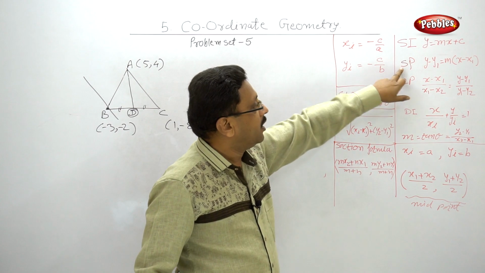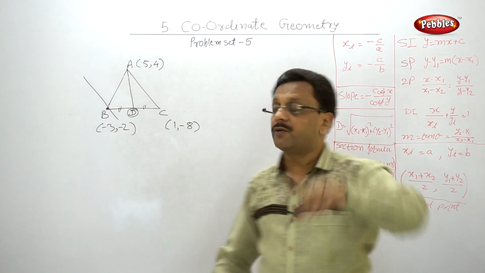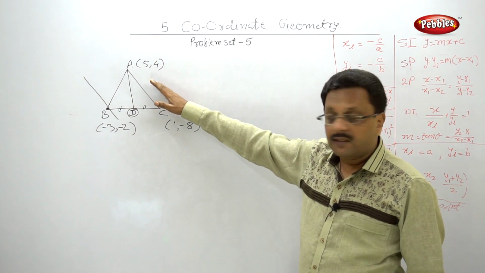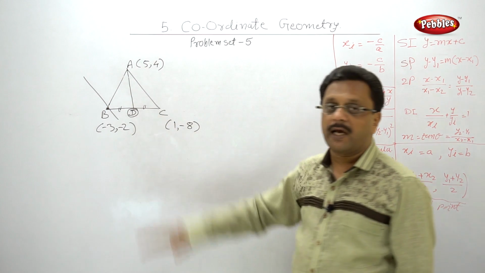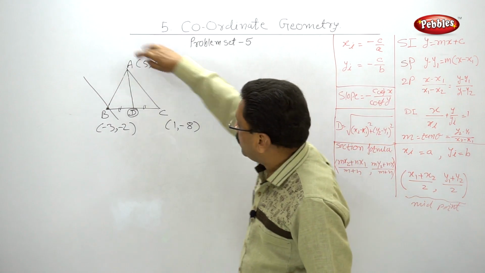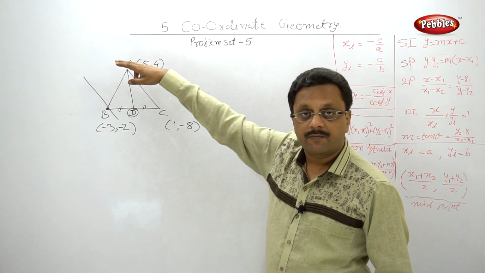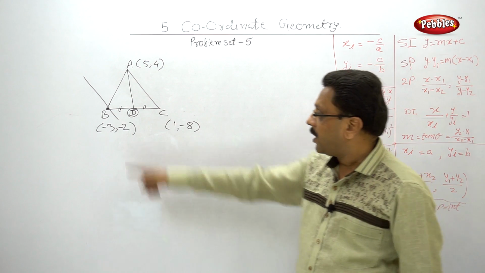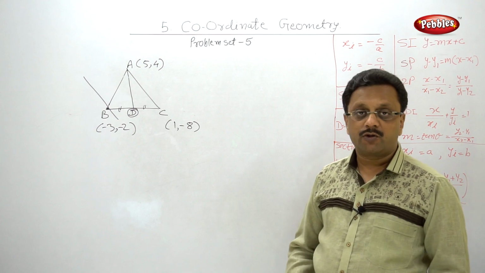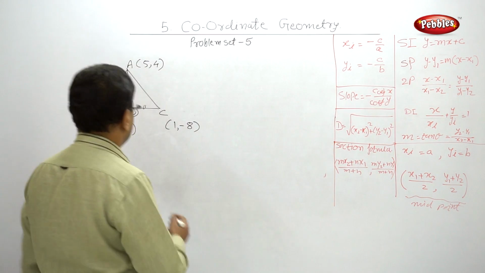And the slope is not given, but indirectly they have given the slope, because this line is parallel to AC, which means the slopes of these 2 lines will be the same. So find the slope of AC by y2 minus y1 upon x2 minus x1, then you will have the slope and 1 point.